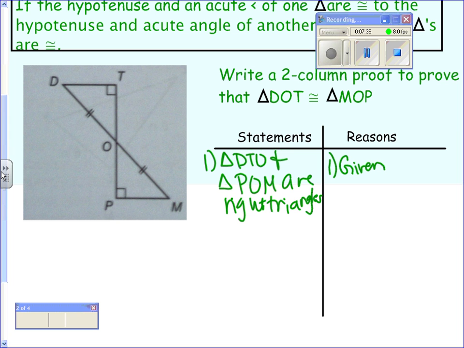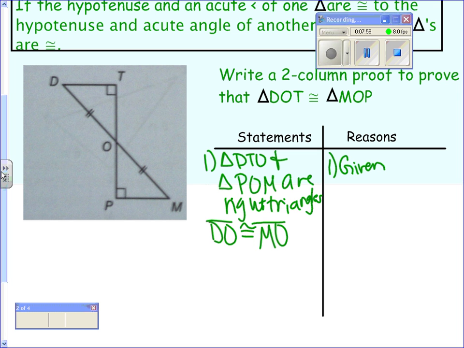So they tell us that they have a right angle, so they have to be a right triangle. Do they give us any other information? TO is congruent to MO. Does that make sense?